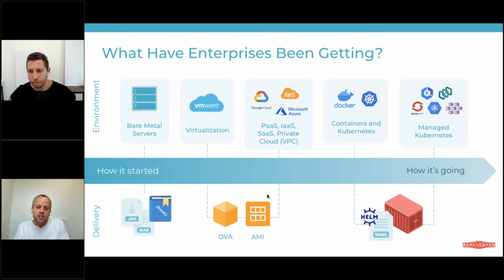And we moved from an OVA to more of an AMI, an image that's compatible with cloud providers. Since then, Docker came out. Grant mentioned that earlier. Docker came out quite a while ago, and it created this software portability concept. A Docker container was able to run anywhere on any machine as long as it had access to a Linux kernel.